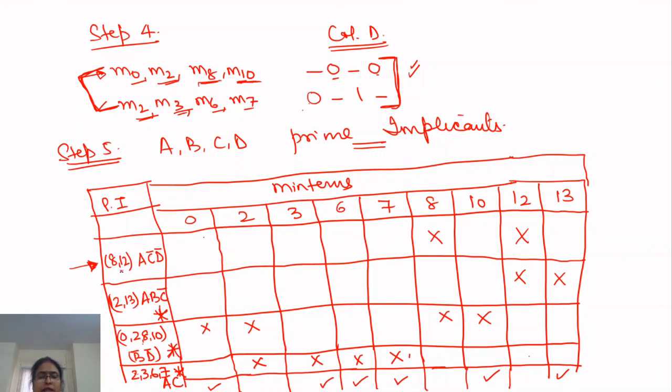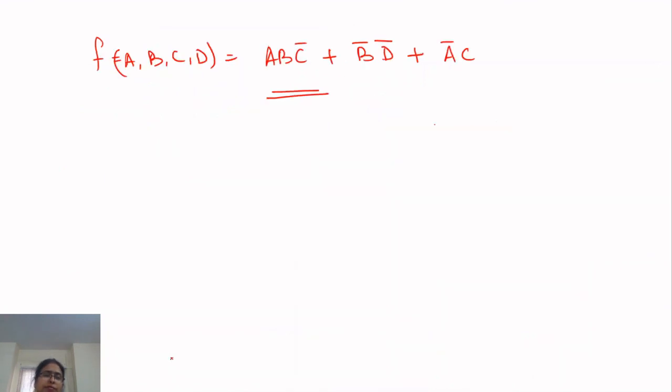Then mark the minterms which are included in these, and put a cross mark for these minterms. Then column wise, see those columns which have a single cross, and corresponding to that mark a star for those terms, and then write these terms in the SOP form, and these form your final reduced form of the SOP Boolean expression like this.